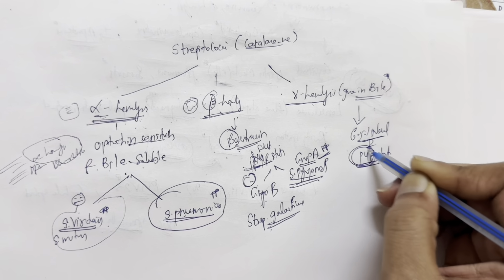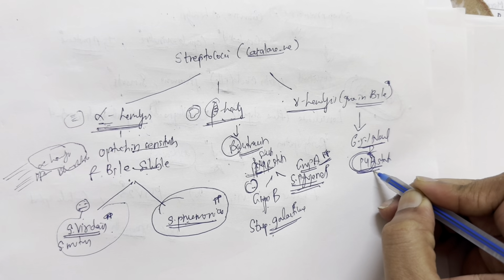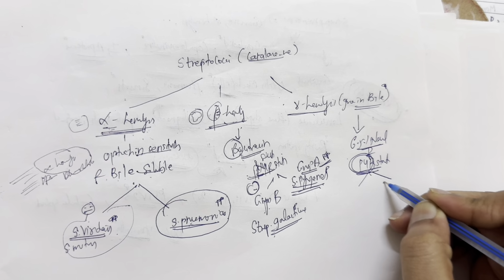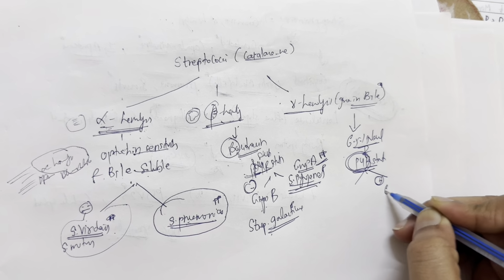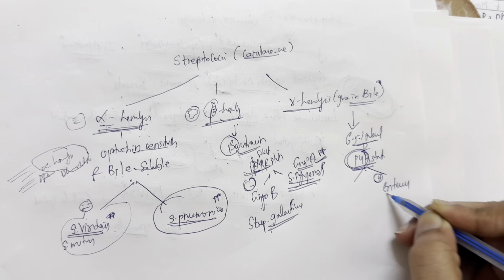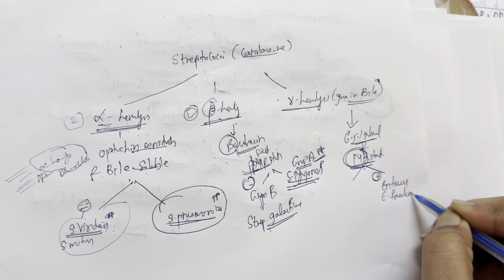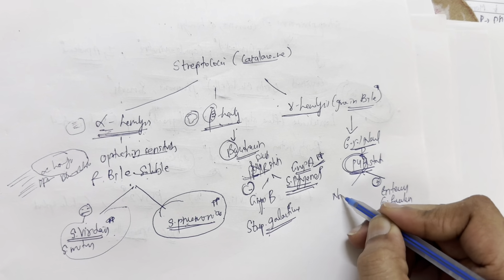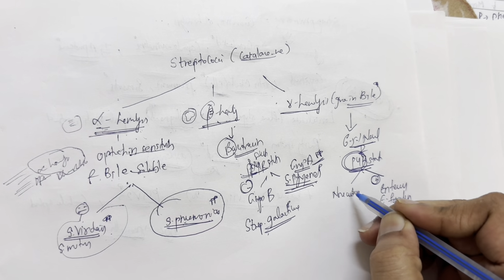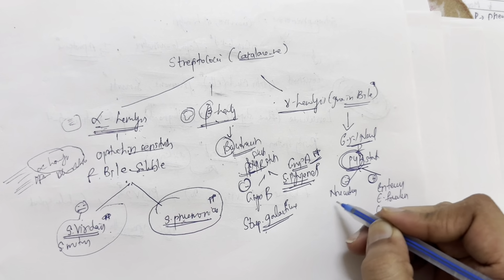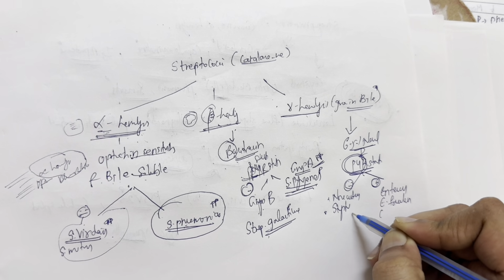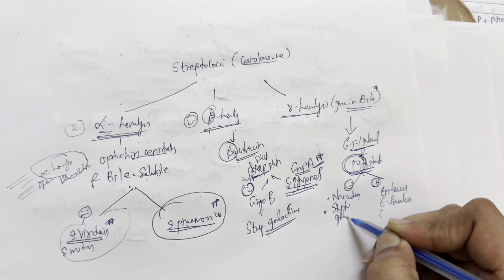PYR is an enzyme, used to differentiate organisms by whether they show its activity. The positive organism is Enterococcus faecalis, and the non-enterococcus organism which doesn't show PYR activity is the gamma hemolytic Streptococcus gallolyticus.